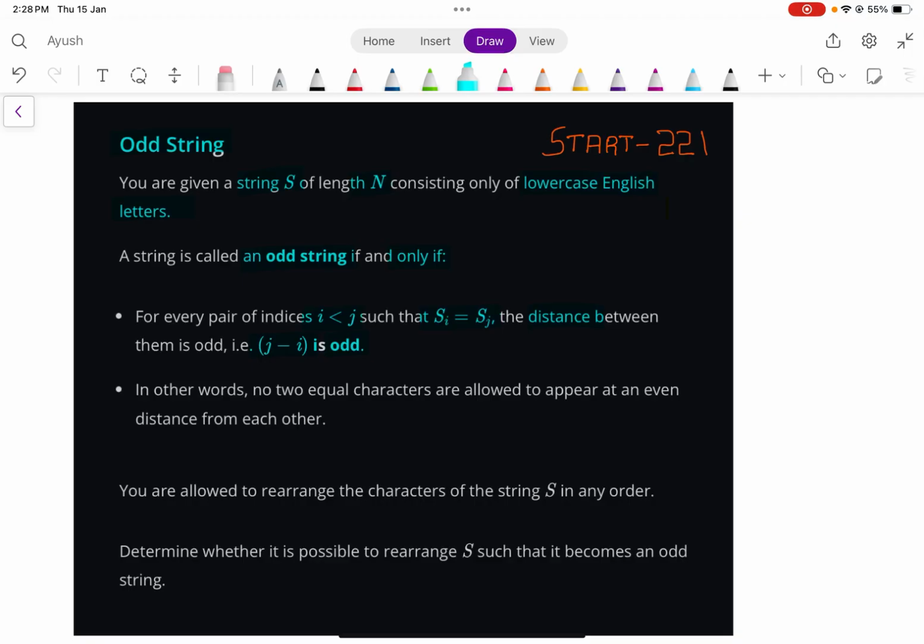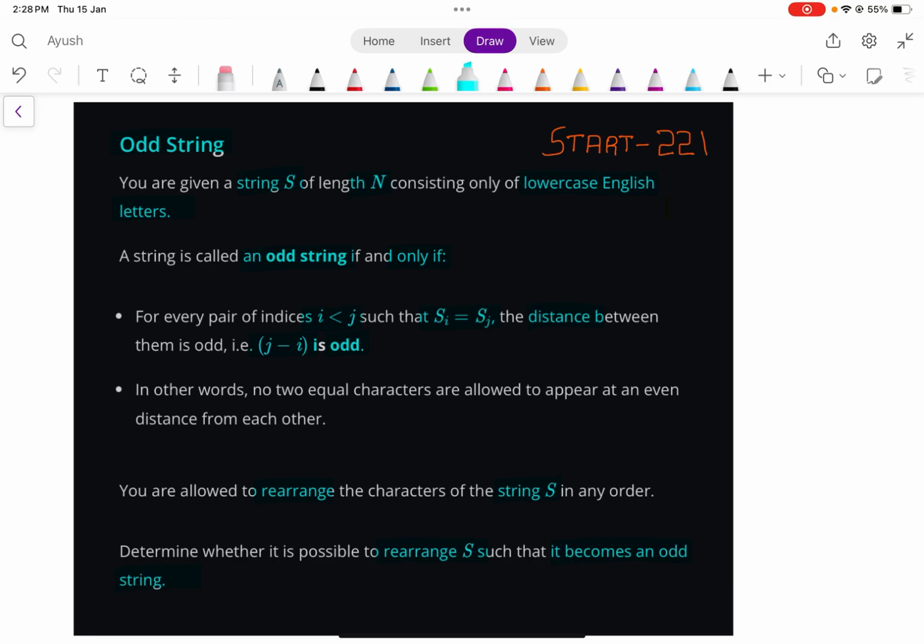In other words, the distance between the indices of any two equal characters should not be even. We are also allowed to rearrange the characters of the given string in any order. We have to return whether it is possible to create such a string from the given characters or not.